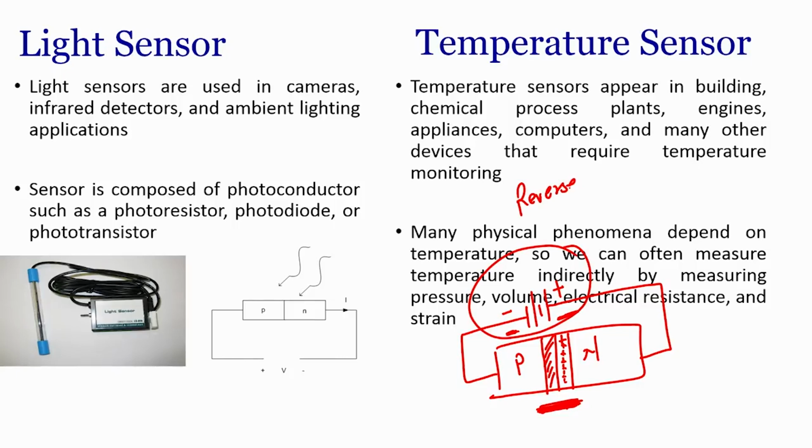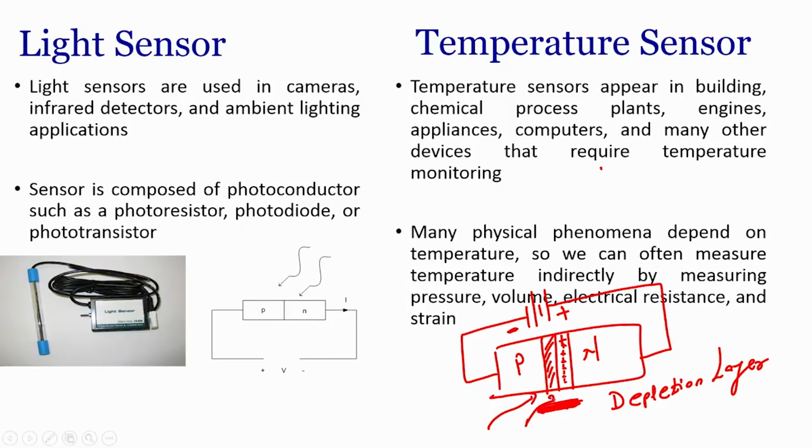You all know this reverse bias, right. What is forward bias? If I want forward bias, I have to apply positive to p and negative to n, but I had to create a depletion layer, that is why I am applying negative to p and positive to n. When I do that, there is a creation of depletion layer, and when I incident a light onto this particular depletion layer, what will happen?